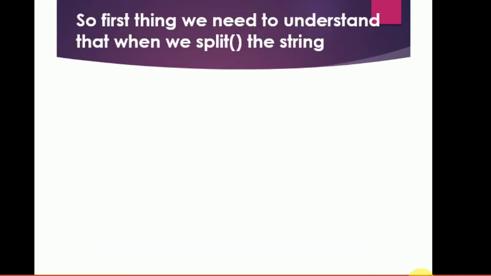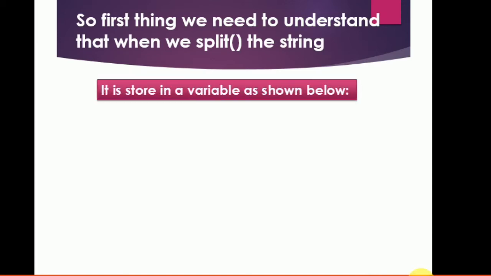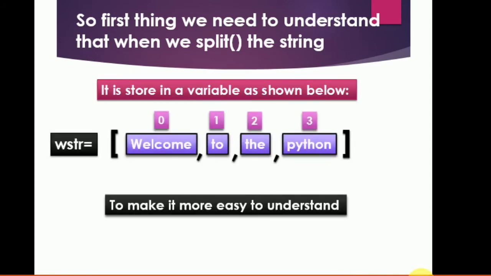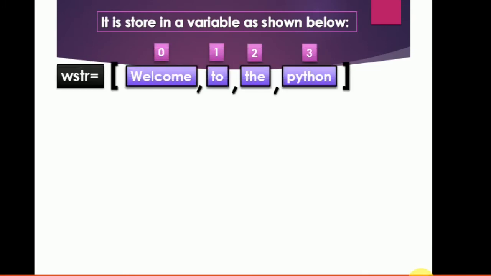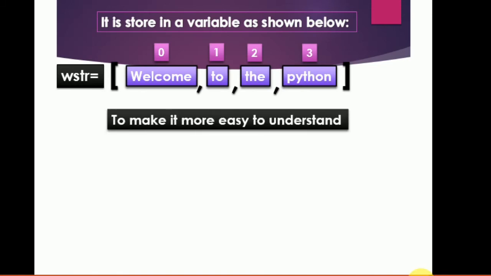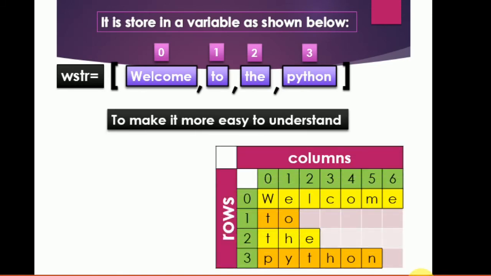First of all, when we use split on a string, it is stored in a variable as shown, 0, 1, 2, 3. To make it easier to understand, what we have done is that "welcome to the Python", as stored in WSTR, we have changed. Now I put it like this, row-wise: welcome, to, the, Python.